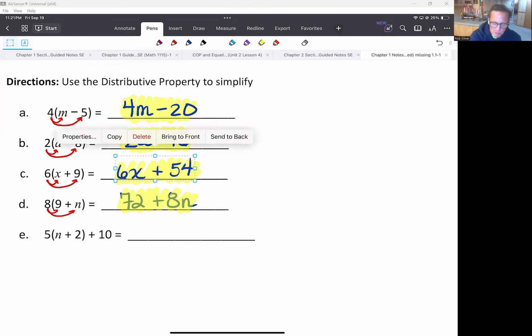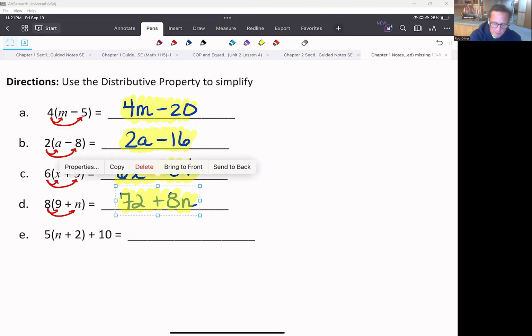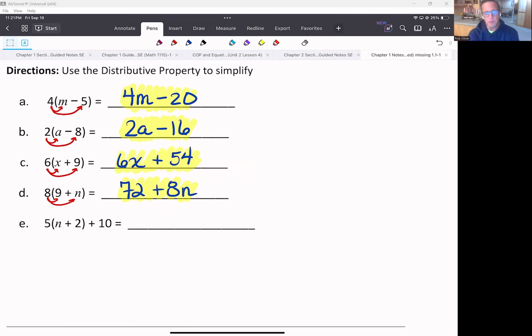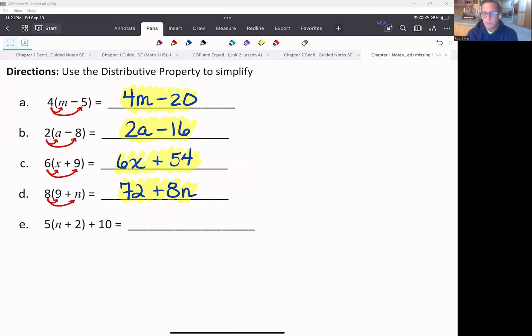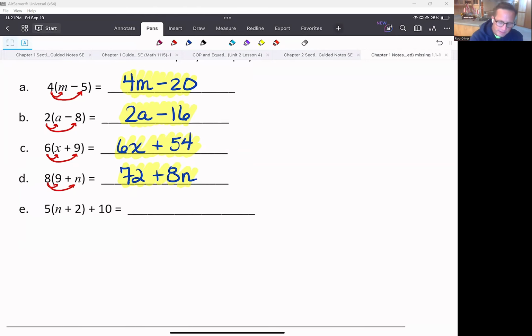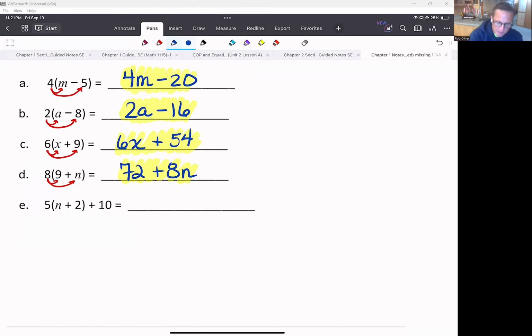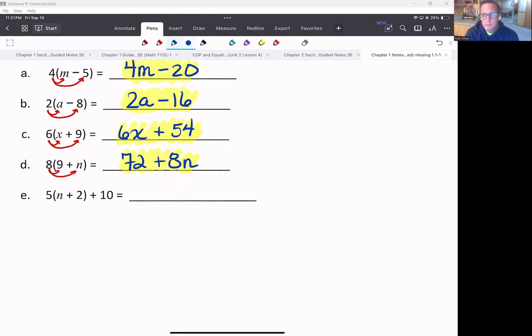It looks like there's more math to be done, but we really cannot do any more. The point of the exercise that we're doing right here is just to distribute. Knowing how to distribute is super, super important in terms of algebra. Lots and lots of algebra problems involve a step which assumes you know how to do the distributive property.